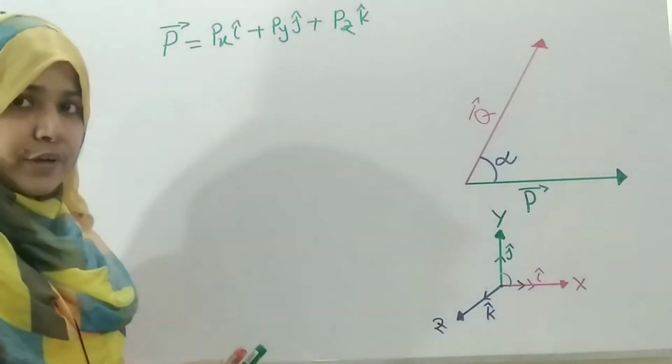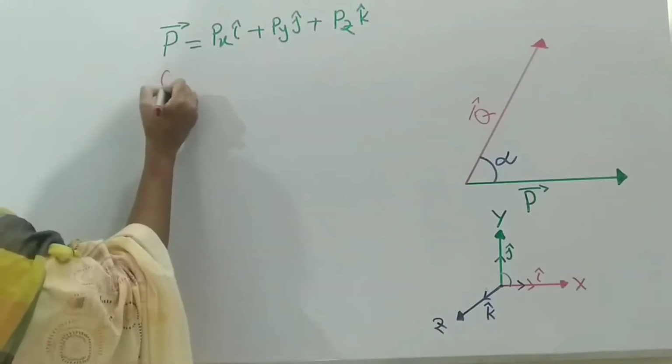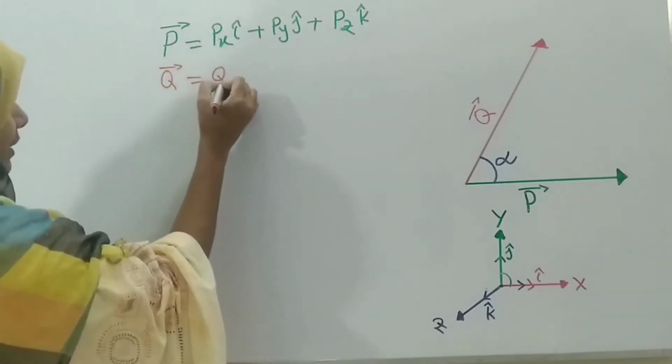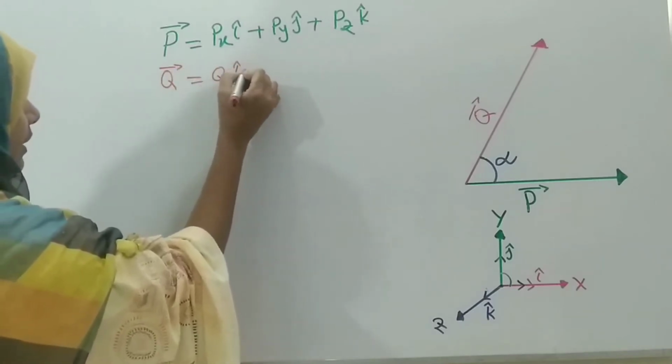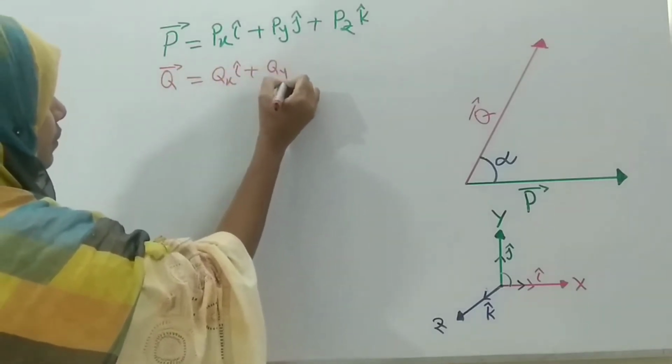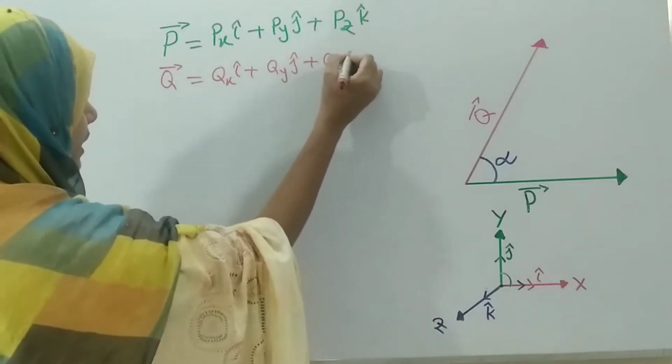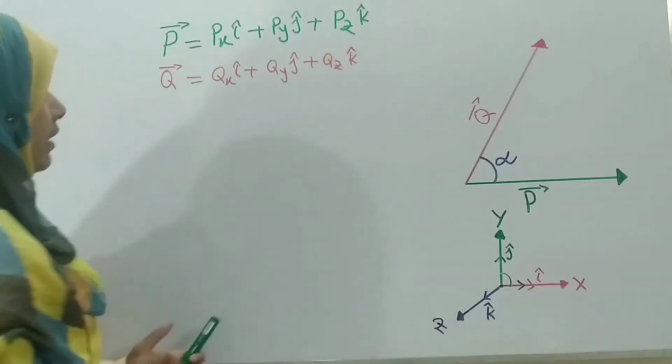And for the Q vector we can also use that Q vector equals to Qx i plus Qy j plus Qz k.